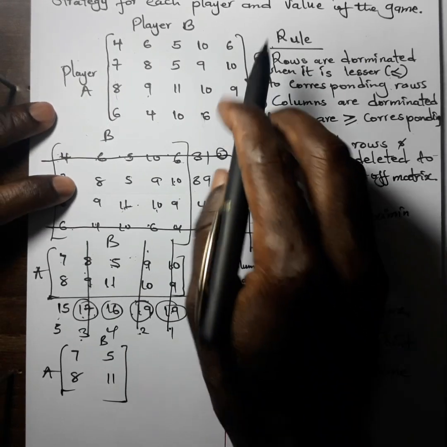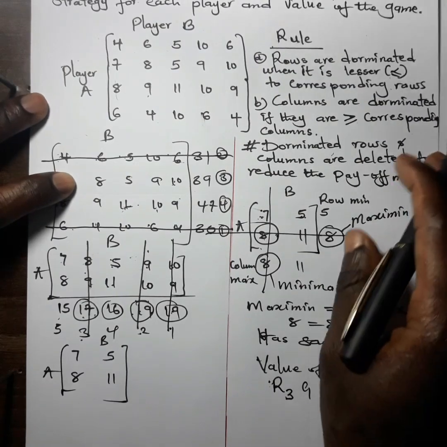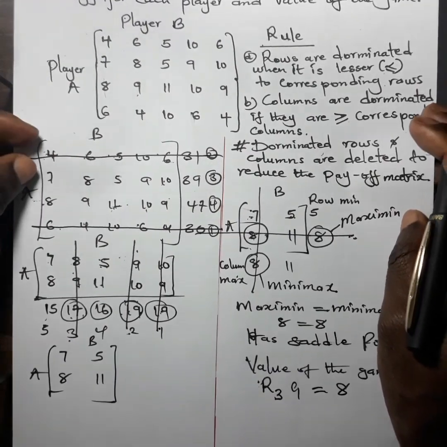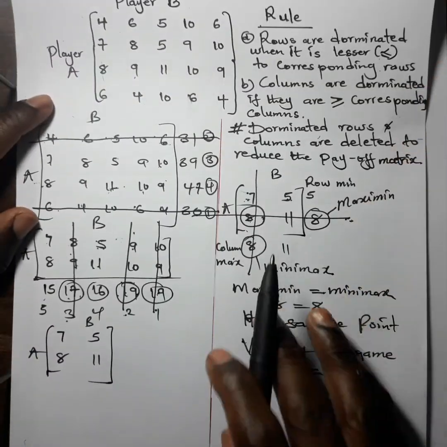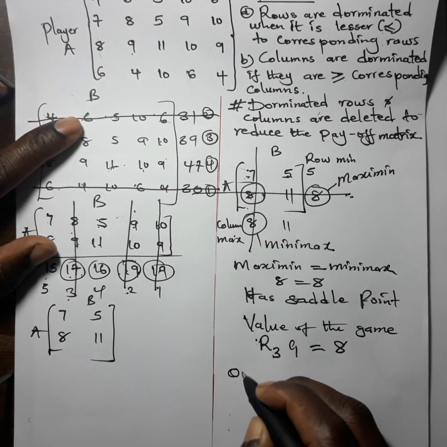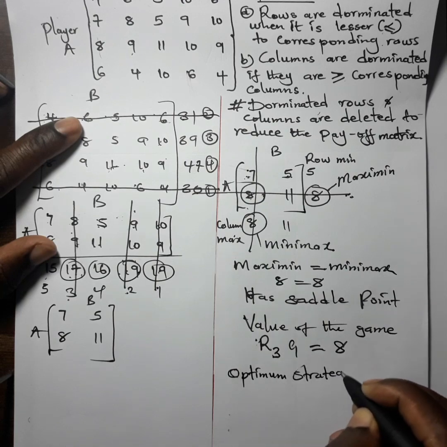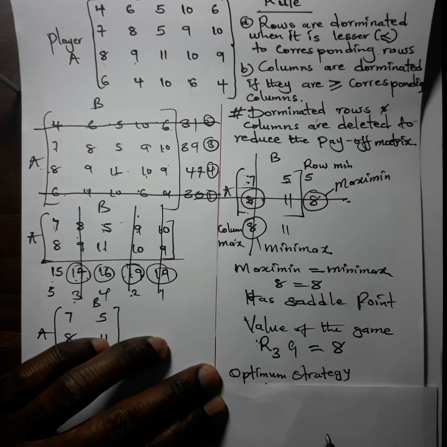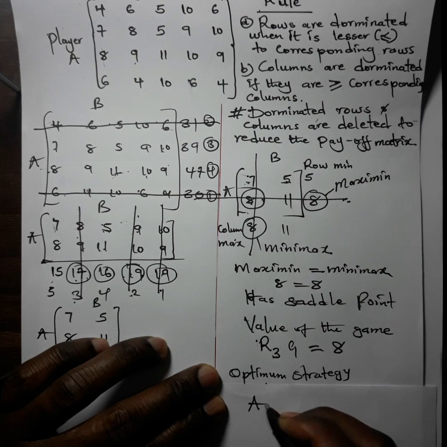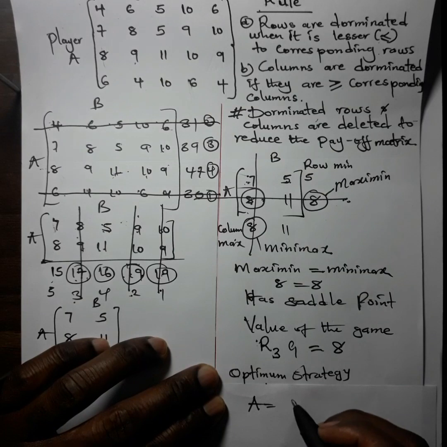But we are told to find the optimum strategy for each player. Each player is going to play a strategy that is found within that particular value of the game. The optimum strategy for each player is supposed to be the location of the saddle point. So for player A, he is supposed to play 1, 2, 3, the third row.